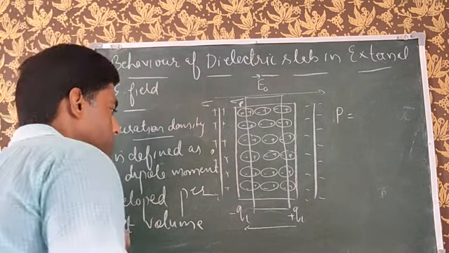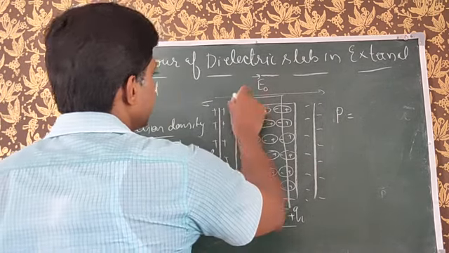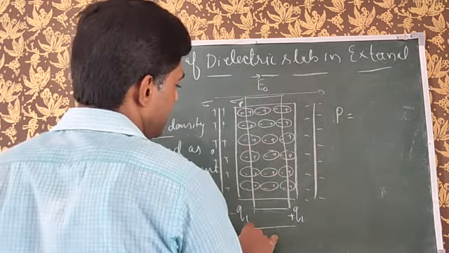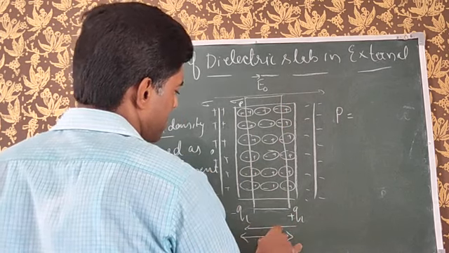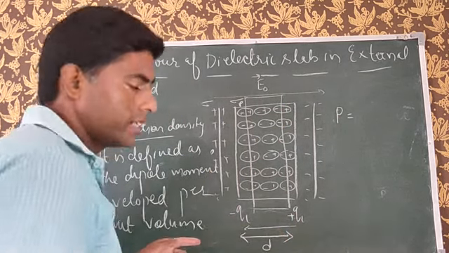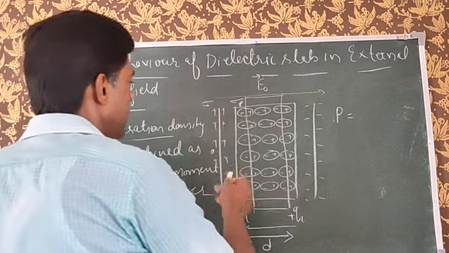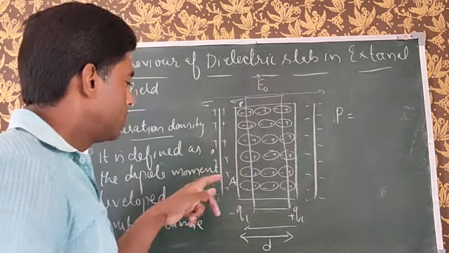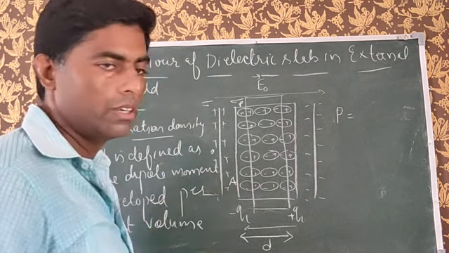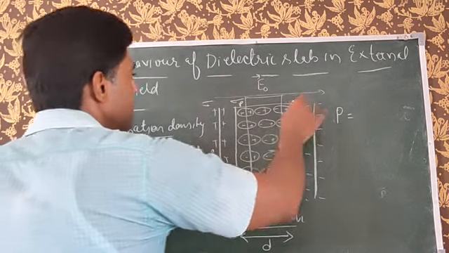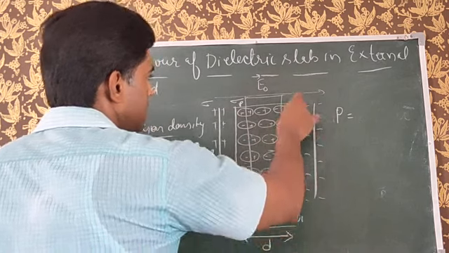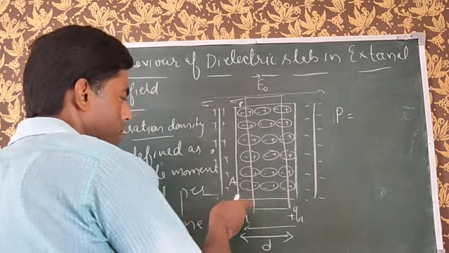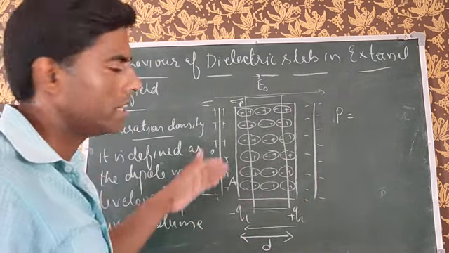So let d be the thickness of the slab and A be the area. So its volume will be A into d. Now here plus q charge appears on one face and minus q charge appears on another face.